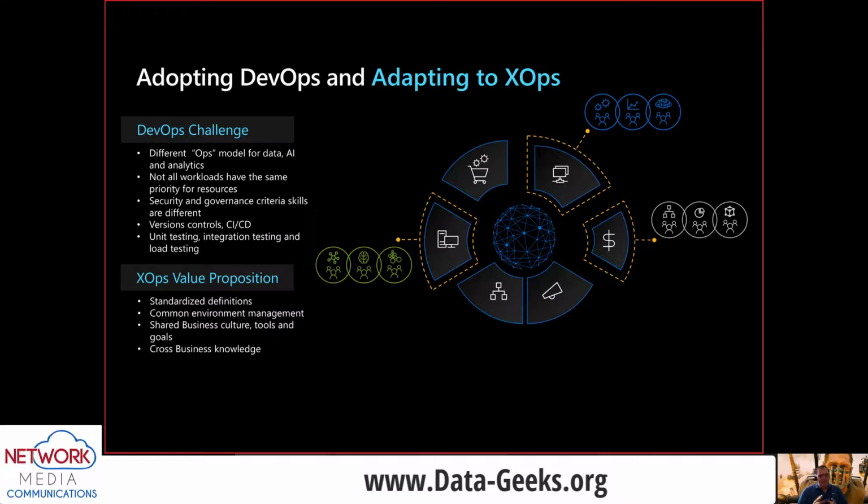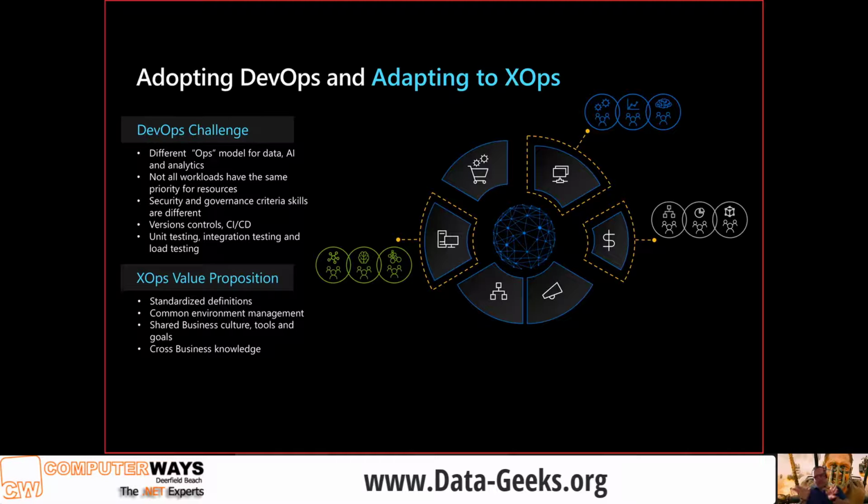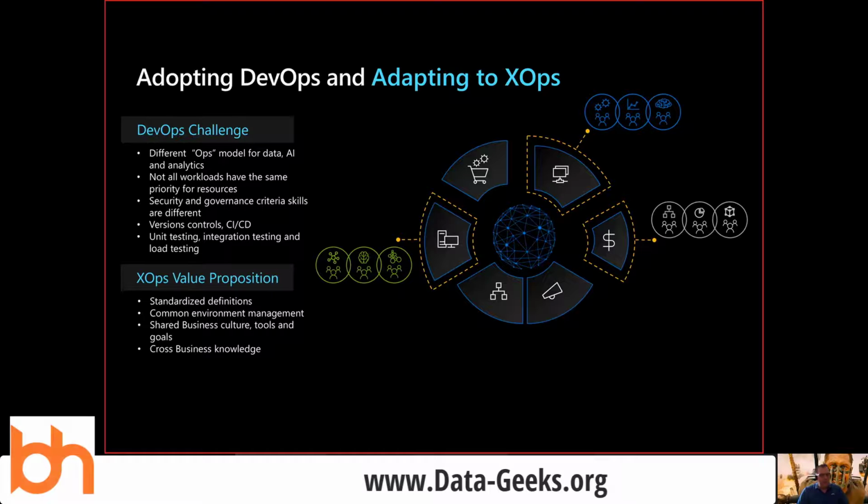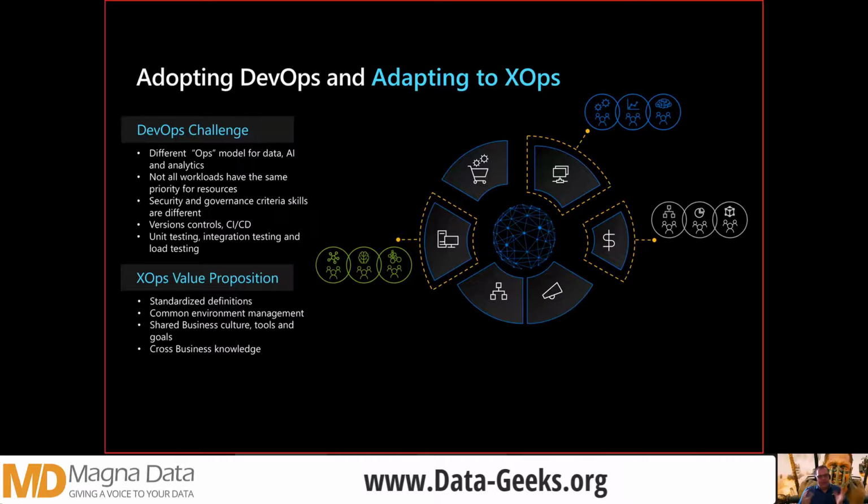So there are challenges with adopting DevOps as a broad pattern for each and every one, and then taking each school and deploying them individually. This is where the value proposition of XOps comes into play.